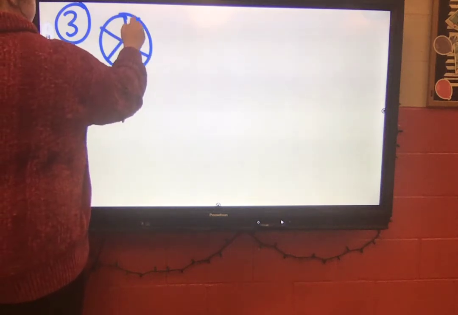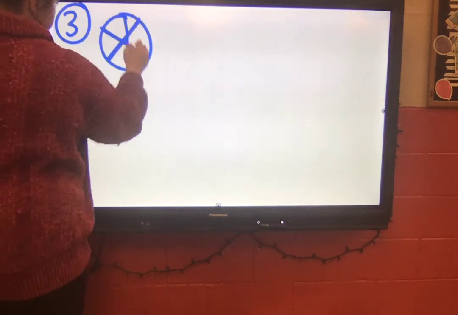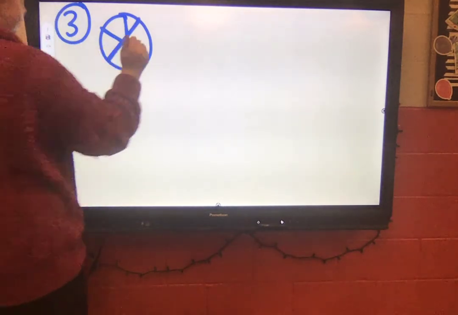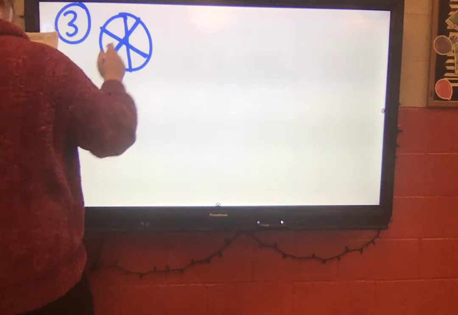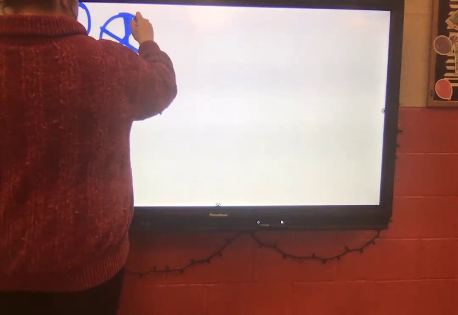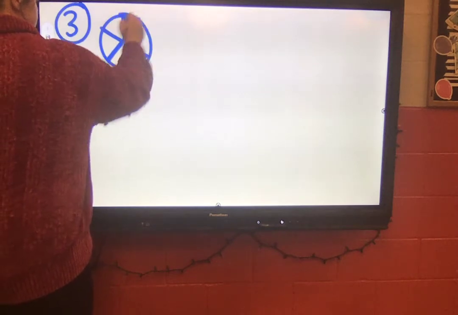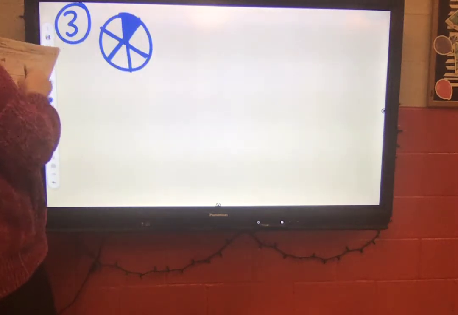The circle's a little wonky. So we can fix that. That's about as good as it's going to get. Okay, so I need to color my piece in. There we go, that's a little bit better.